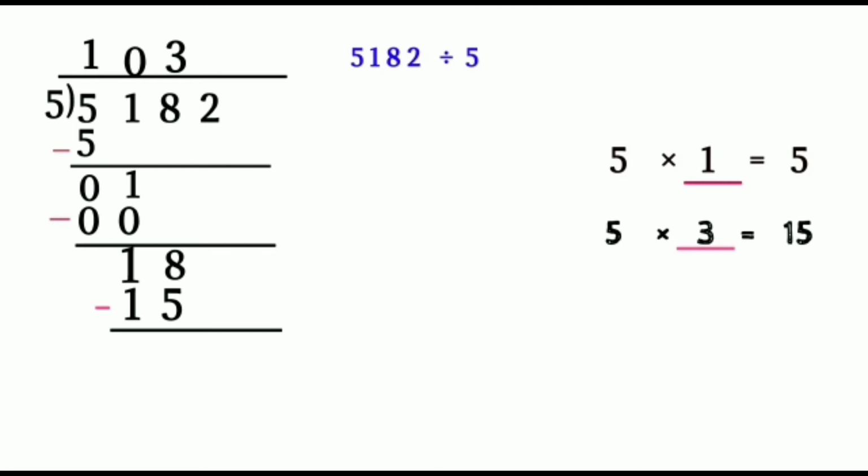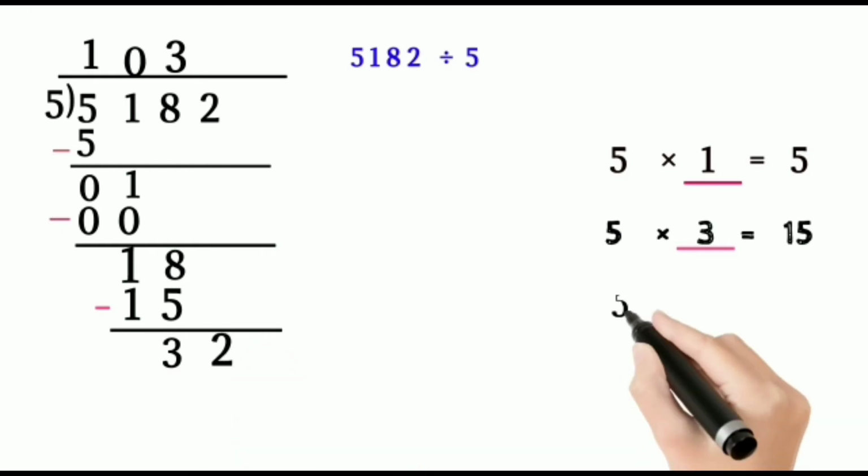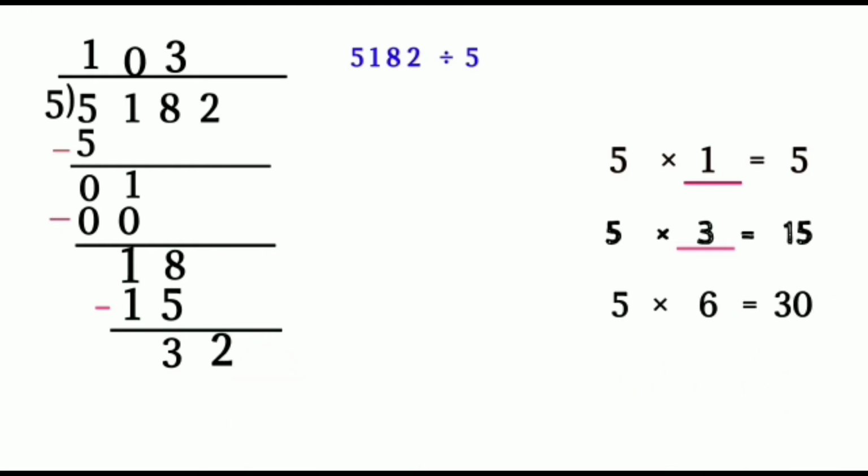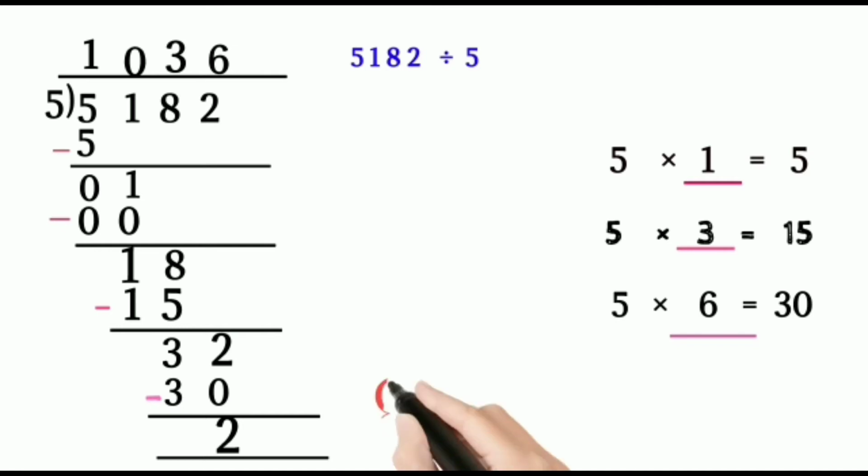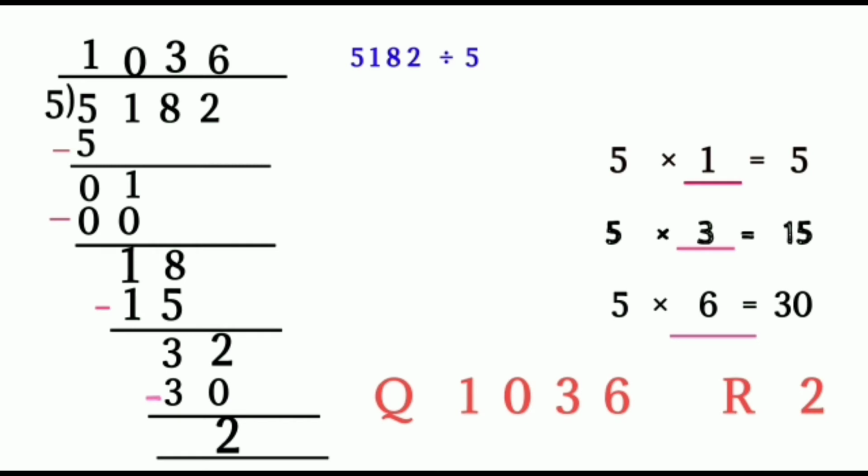Then bring down the last digit of the dividend, that is 2. We get 32. How many 5s can we take from 32? 5 sixes are 30. Write 30 below the 32 and subtract. We get 2. Write 6 in the quotient. Now our answer is, quotient 1036 and remainder is 2.